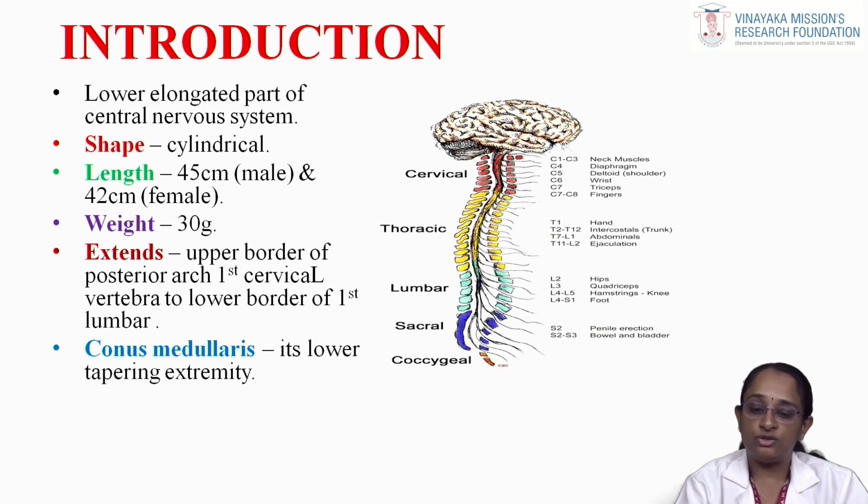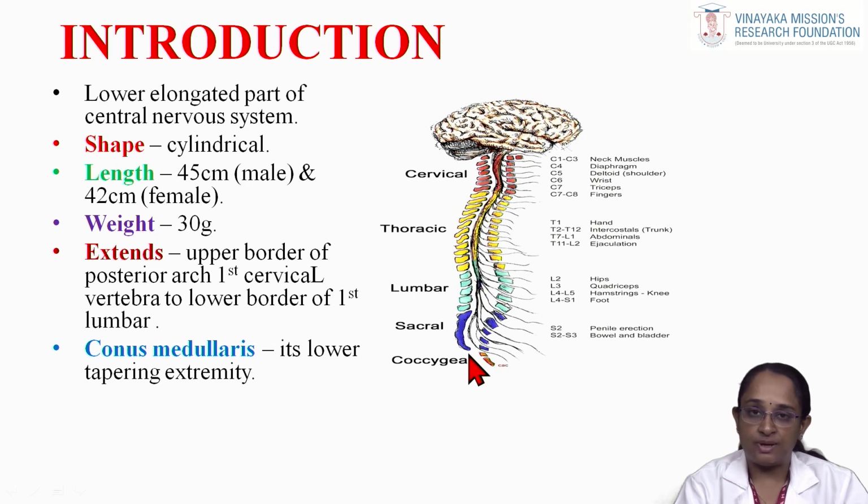Now you should know the parts of the vertebrae region wise. At the neck region, cervical vertebrae, there will be 7, then thoracic vertebrae 12, lumbar vertebrae 5, sacral vertebrae 5 and coccygeal vertebrae 4. So here the extension is from C1, the first cervical vertebra, to the first lumbar vertebra.